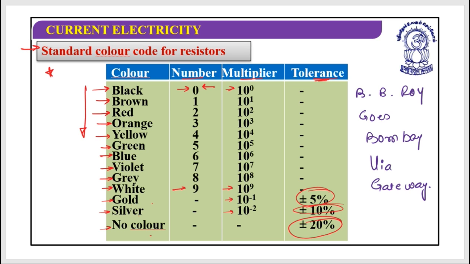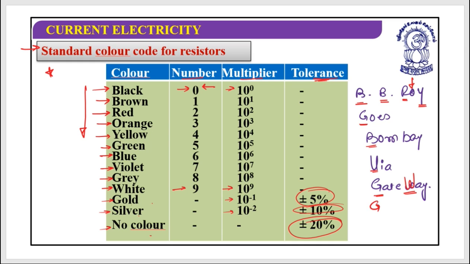This B stands for black, this B is for brown, R is for red, O is for orange, Y is for yellow, G is for green, B is for blue, V is for violet, G is for gray, and Gateway is for white.